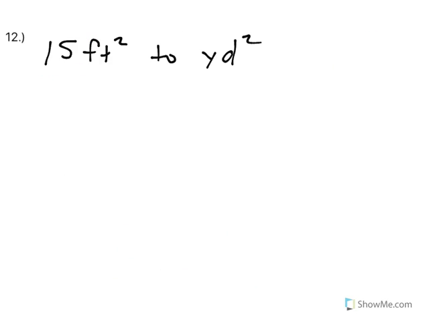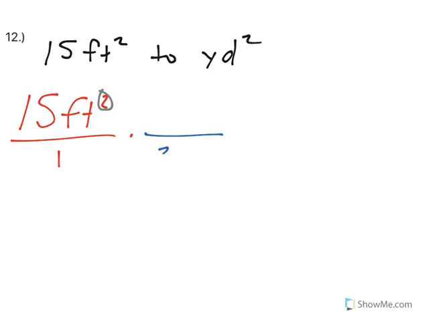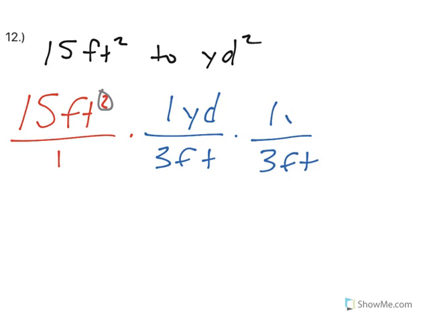Exponent of 2. 15 square feet to square yards. Okay, so I'm starting again with square feet. Because I have an exponent of 2, I'm going to do my conversion twice. And I know that 3 feet is 1 yard, but that's only once. I'm going to do the same conversion twice, because now I can say 1 foot, 2 foot, cancels out the square foot.